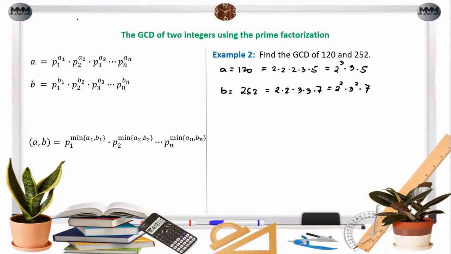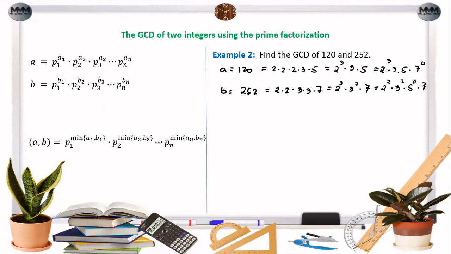So to write that in this manner, because we have here P1, P2, P3, up to Pn, we can write it this way. 2 cubed times 3 times 5 times 7 raised to 0, because we have 7 here in our B as a factor. So we write the factor 7 in A here, but raised to 0. In the same way, for B, we have 2 squared times 3 squared times 5 raised to 0 times 7.